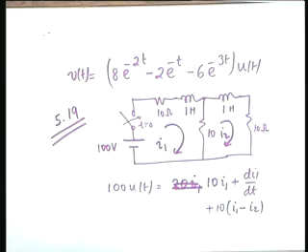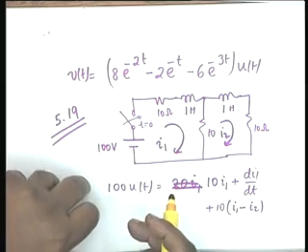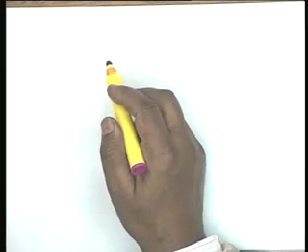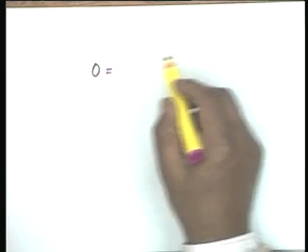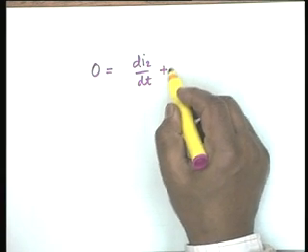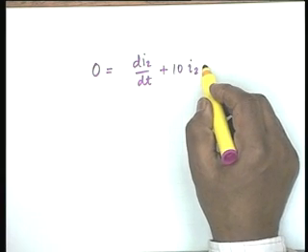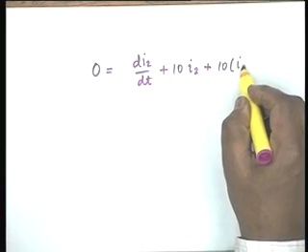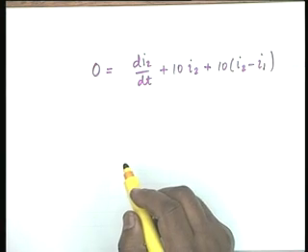Is that okay? Yes. All right. The second mesh gives me 0 equal to di2/dt plus 10 i2 plus 10 (i2 minus i1).